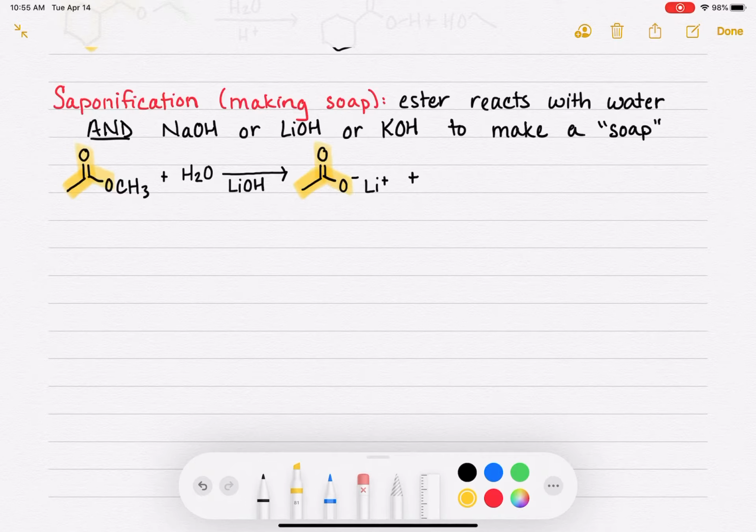But instead of an OH, there's a negative charge on there, and the cation, lithium, is there with a positive charge. The other half of the ester, the carbon chain, the CH3 in this particular example, like normal, gets associated with an OH right there. So we're still making an alcohol, but instead of making a carboxylic acid, we make a soap.